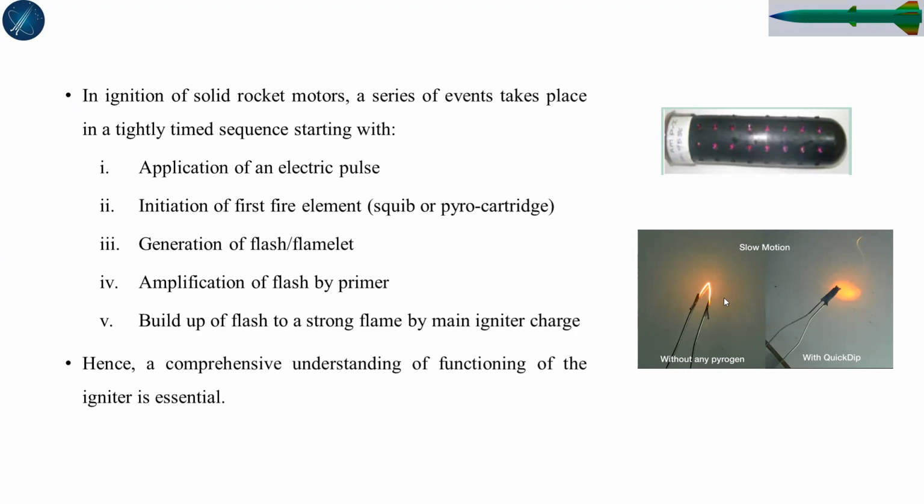These are quick starting wires. It can be chromium wire, it can be nickel wire. So we call these wires nichrome, nickel chromium wire. Or sometimes instead of that, we can use mercury fulminate for the big rockets which are going to space stations or beyond that.